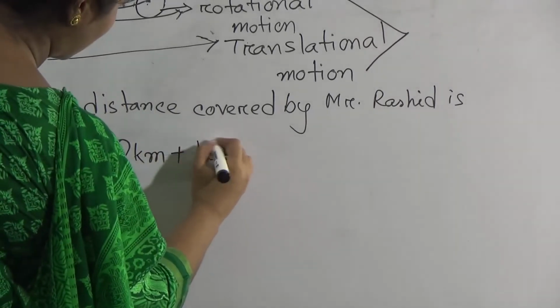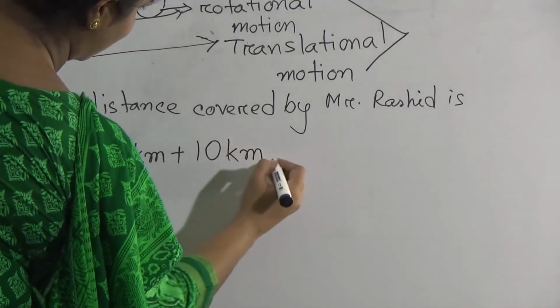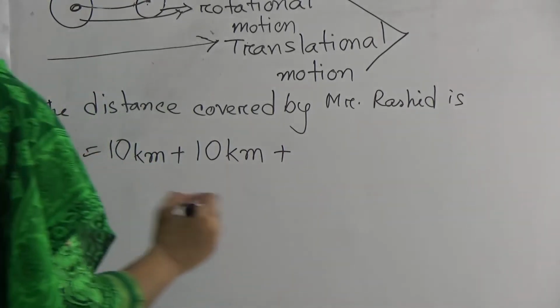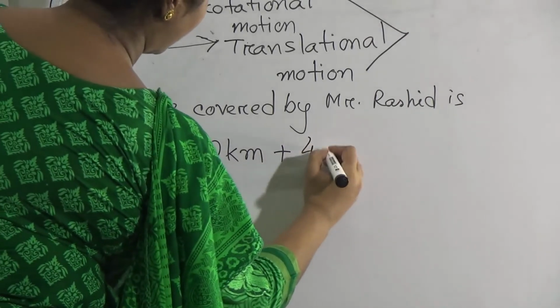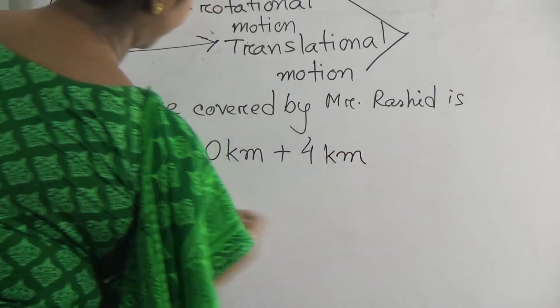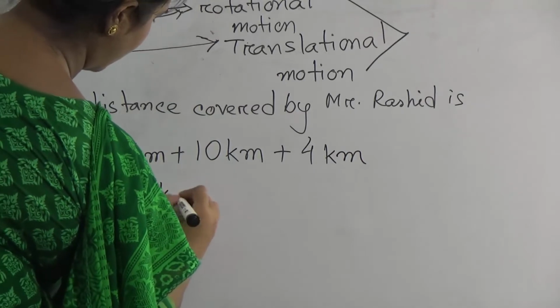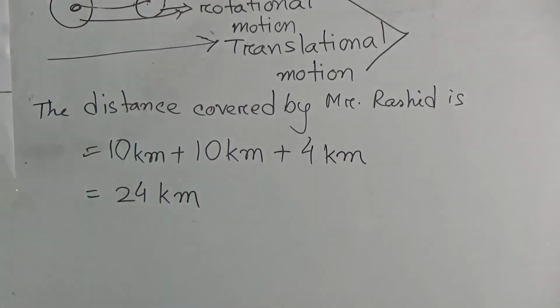That means another 10 kilometer and he again travel 4 kilometer towards south. That means 4 kilometer. That will be 24 kilometer.